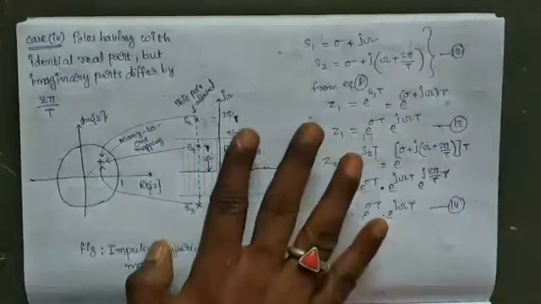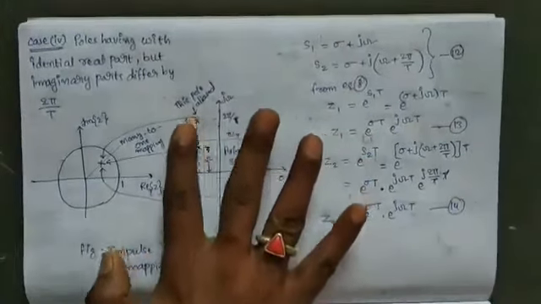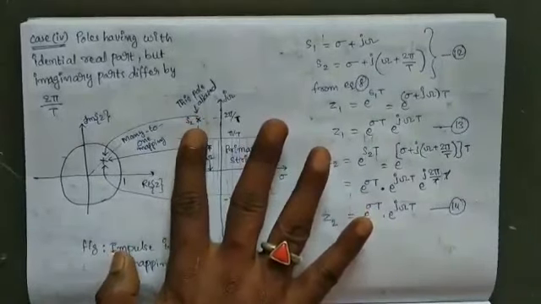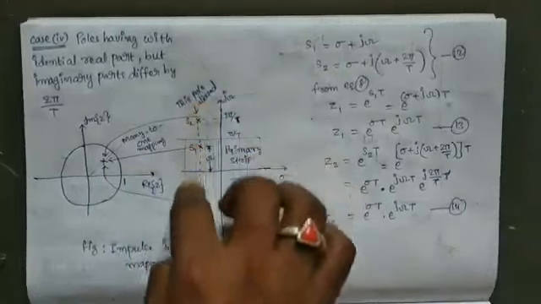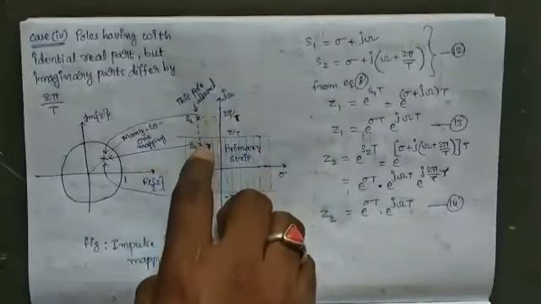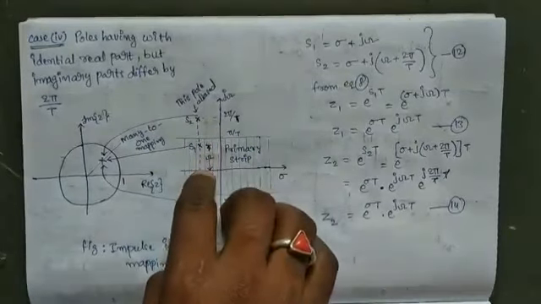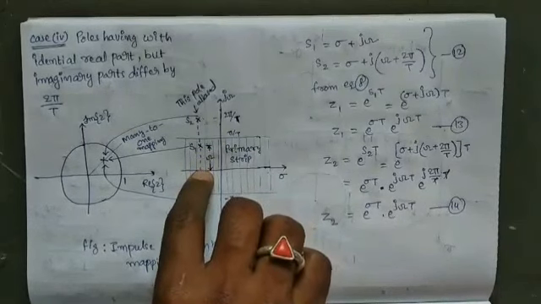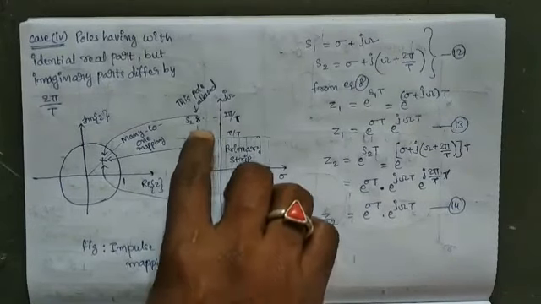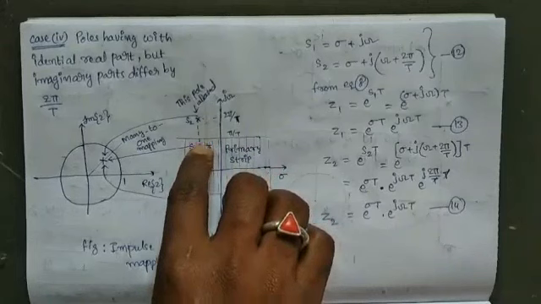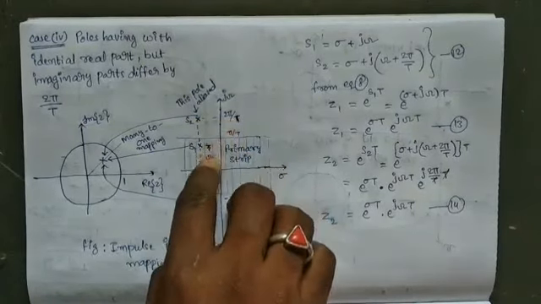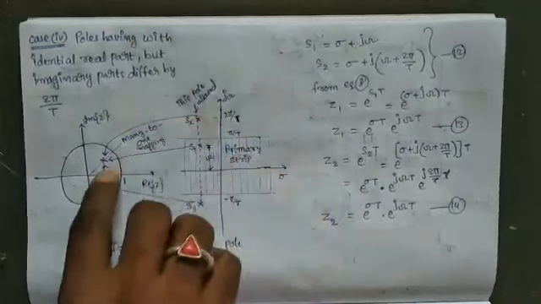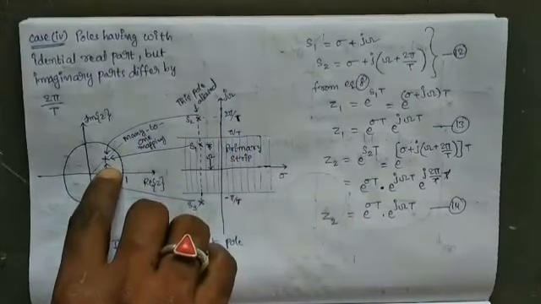Now we are mapping these poles into the Z plane. We are mapping an infinite number of poles having the same real part but differing by the imaginary part by 2 pi by T. These poles are mapped into a single pole in the Z plane.